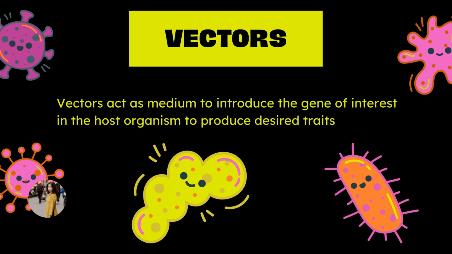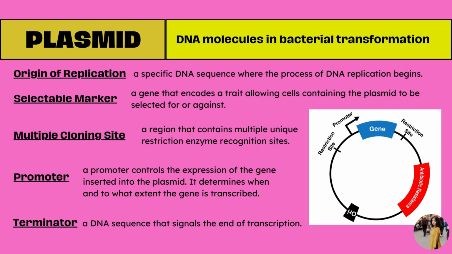So, what are the vectors for genetic modification? They act as a medium to introduce a gene of interest into the host organism to produce desired traits. The most commonly used are plasmids, which are DNA molecules used in bacterial genetic modification.